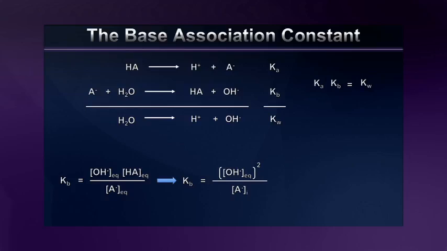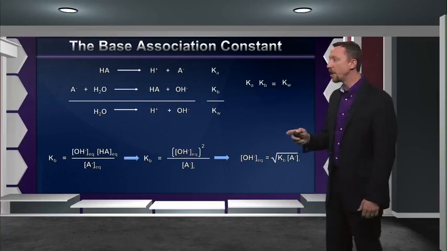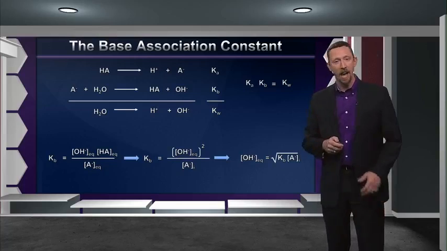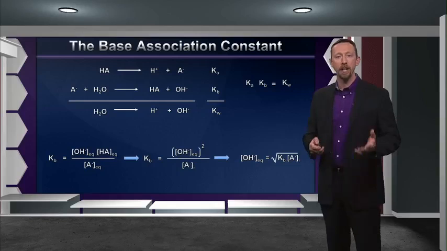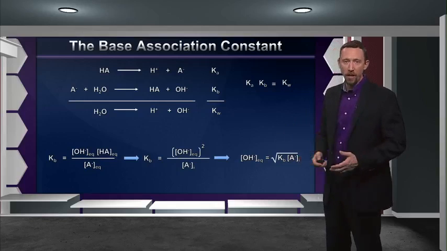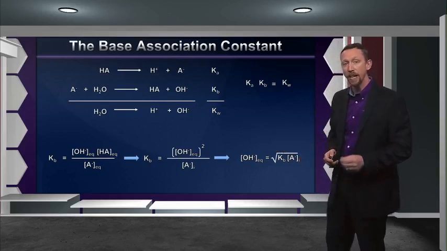And when we do this, and then a very simple rearrangement, what we find is we can calculate the hydroxide ion concentration at equilibrium if we know Kb for the base and the concentration of that base that we used. So we have a very simple expression here that allows us to get to OH- concentration. And from there, of course, it's a relatively simple calculation to determine proton concentrations, pHs and pOHs, based upon this number right here that we were able to access using Kb.